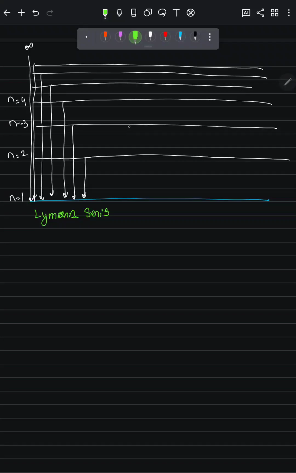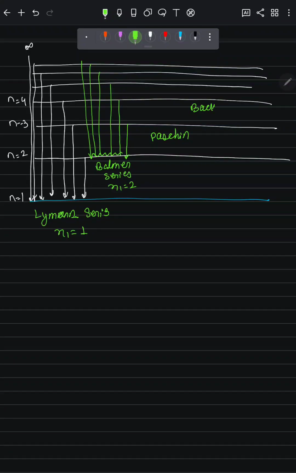And if you come from everywhere to n2, from n3 and above, then this is called the Balmer series. Here n1 value is 1, here n1 value is 2 because the rays are coming from the top to the second energy level, and the next is called Paschen.